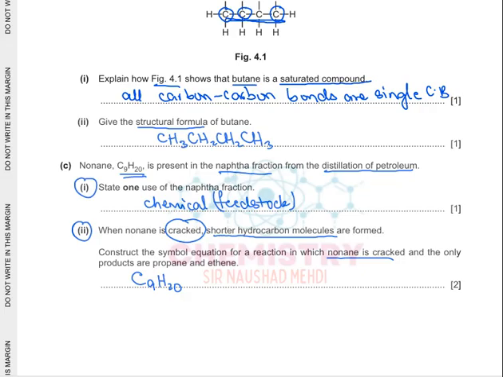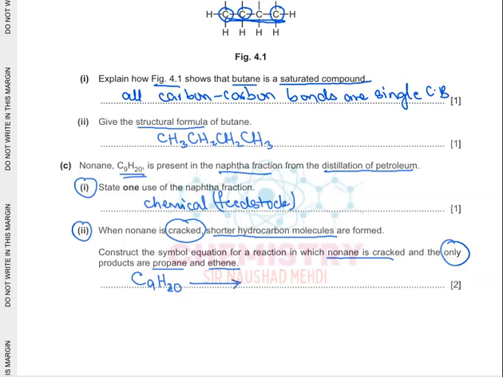In the cracking you are forming shorter hydrocarbons, and these are given to you. One is propane and the other is ethane, and these are the only products being formed. So when C9H20 is cracked, you are getting propane.